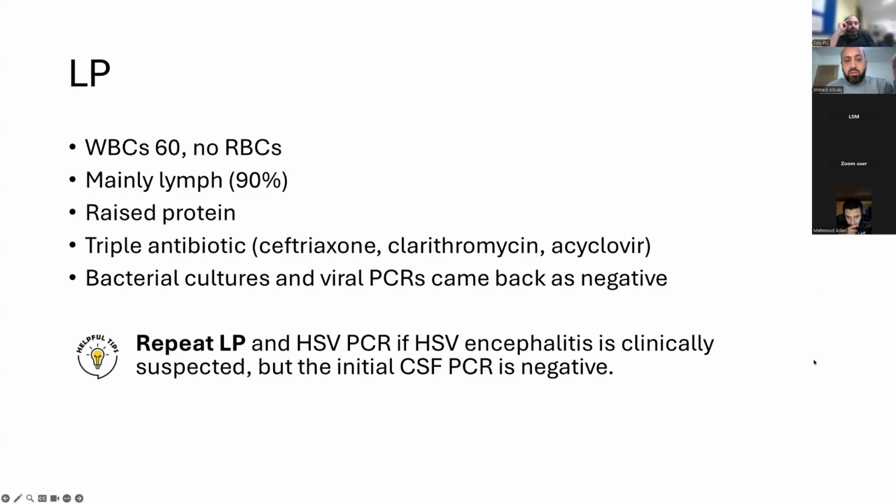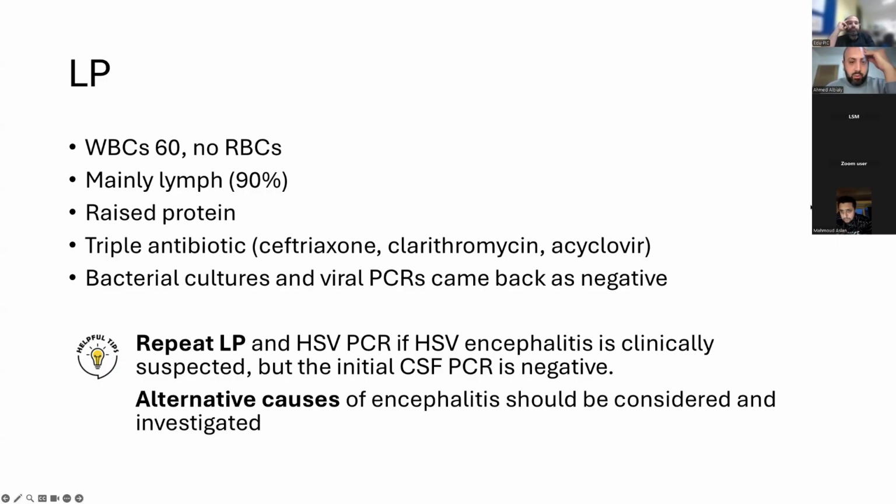But the message to take home is, initial LP, if you're suspecting HSV encephalitis, or talking about clinical suspicion, if there are cold sores or contact with anyone with skin lesions, I would be extremely suspicious about that. So always consider repeating the LP. Obviously, alternative causes, as most of you said, the autoimmune causes, which we are going to touch on in more detail.